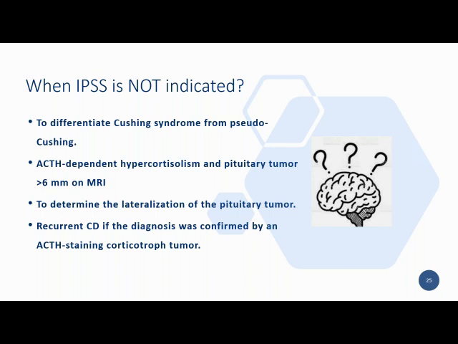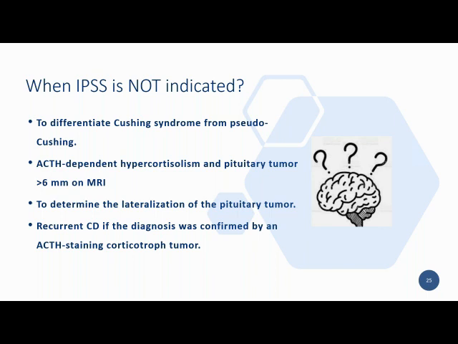So IPSS is not the test to do so. IPSS is not indicated when you have an ACTH-dependent hypercortisolemia proven by clinical and laboratory evidence and a tumor greater than 6 millimeters. Then the chances are that is the culprit.